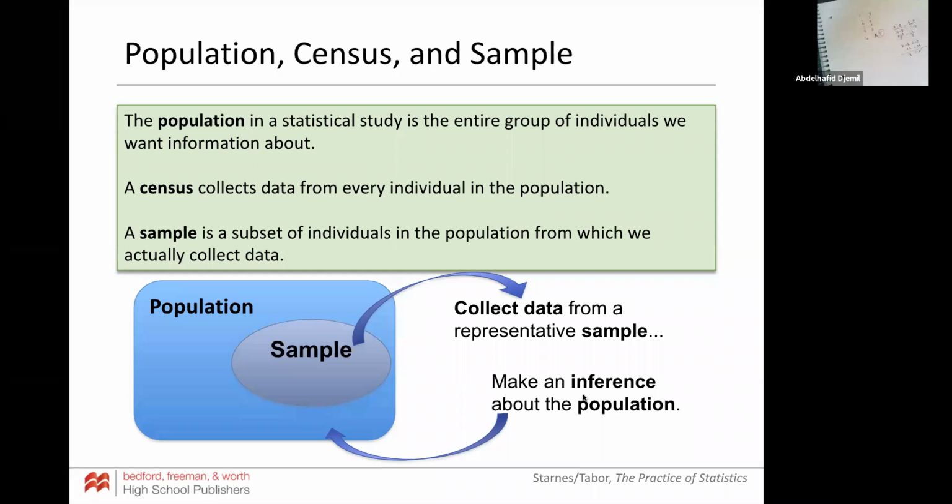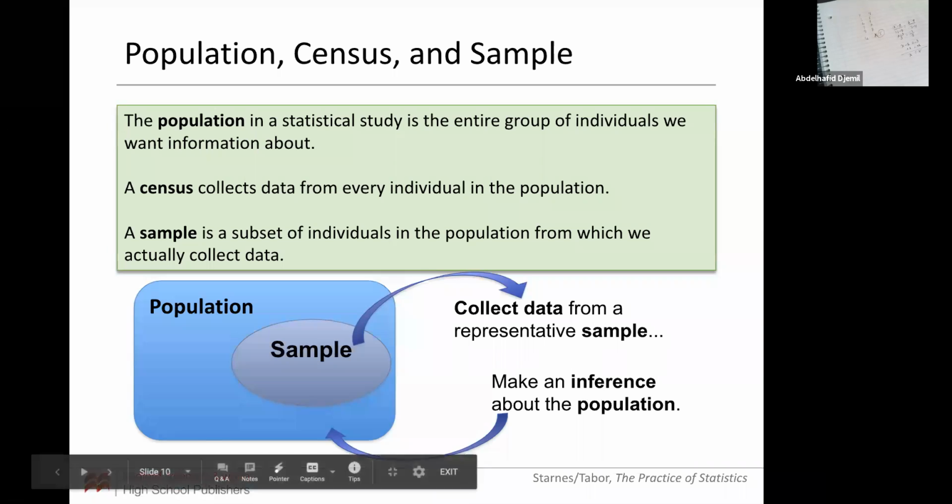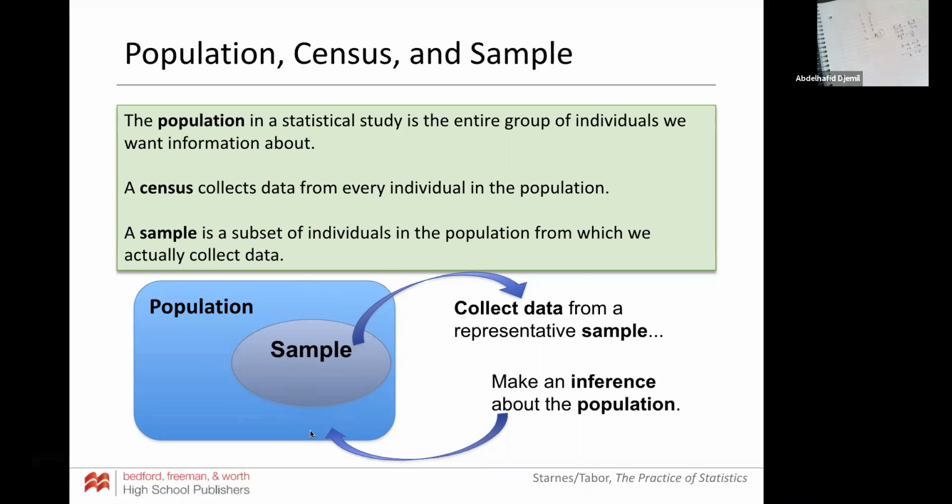We say that there are 10% who are having A's, there are 30% who are having B's, there are 40% who are having D's or whatever, and from that we come to a decision about the population, and we say that in Origins High School, this is what is happening.